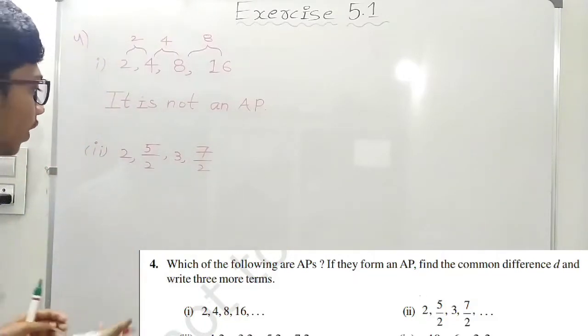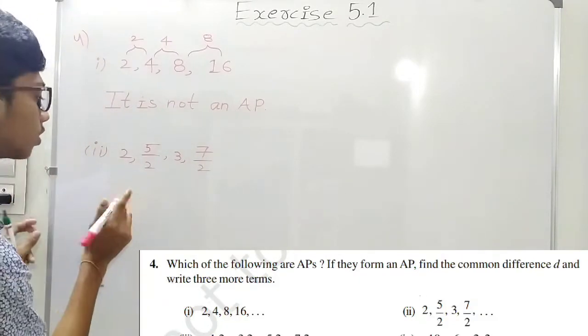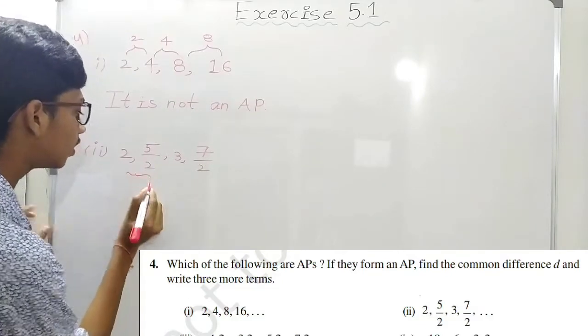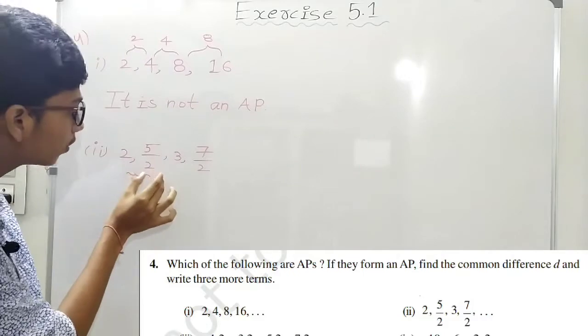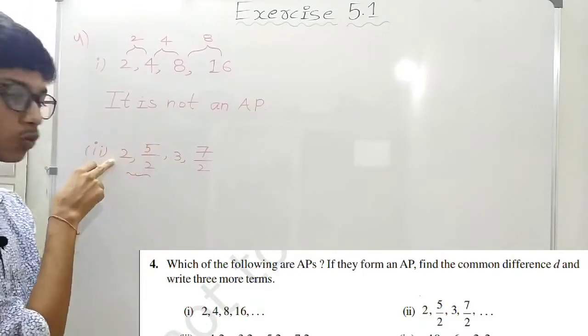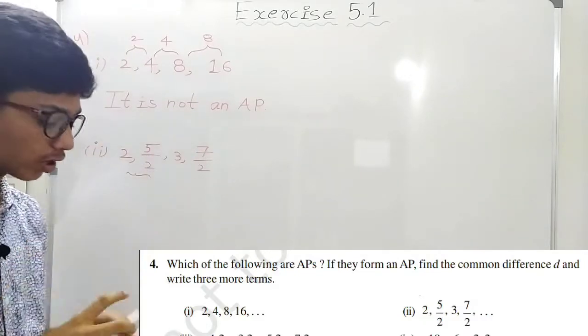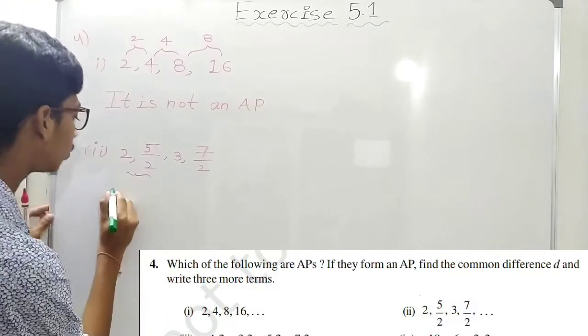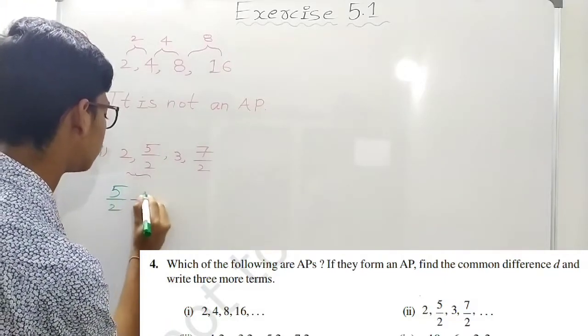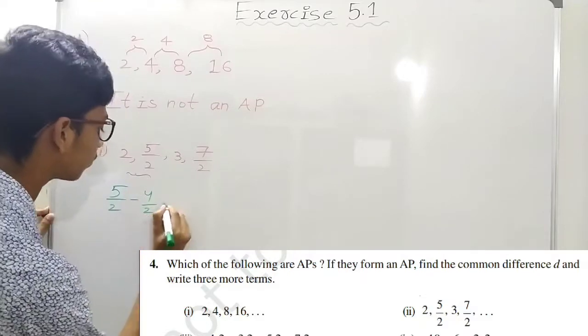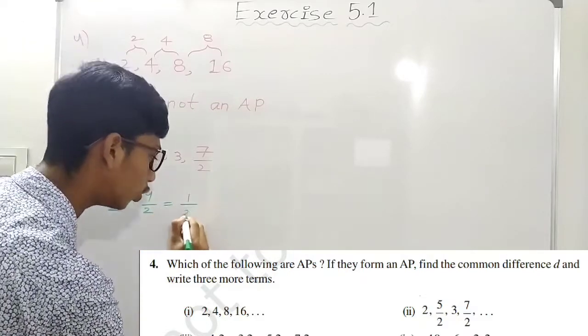So we want to find the difference between the terms. The difference should be the second term minus the first, 5 by 2 minus 2, but not 2 minus 5 by 2. So 5 by 2 minus 2, where 2 can be written as 4 by 2, we get the value 1 by 2.